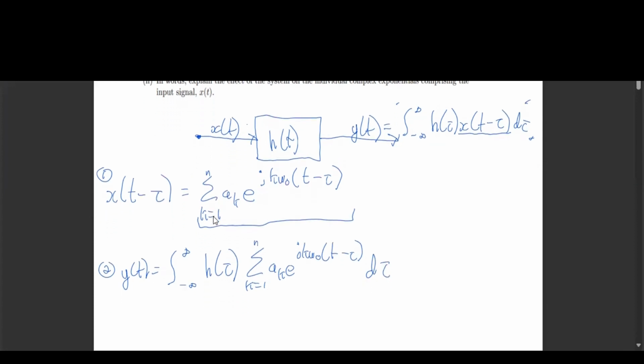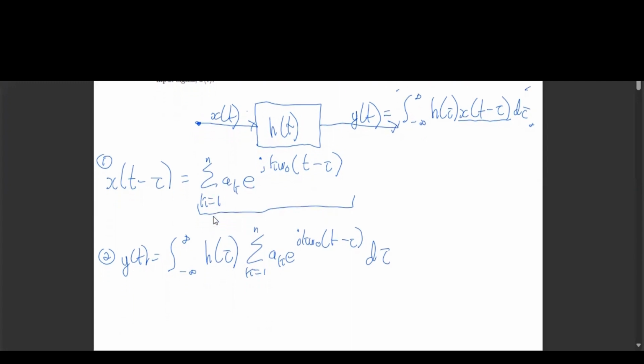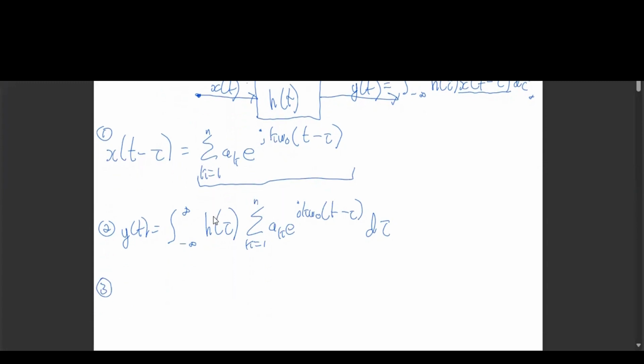Right, so we're going well. So that's the second part. The third thing we do is group everything with tau together. So we have y at t, and we'll keep the h at tau for now, sum k equals 1.